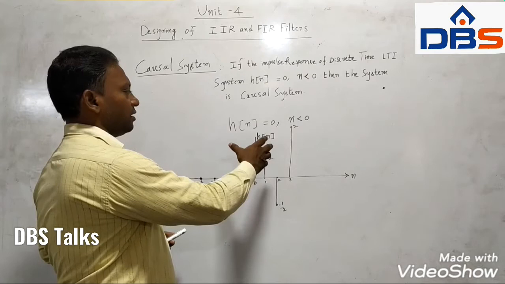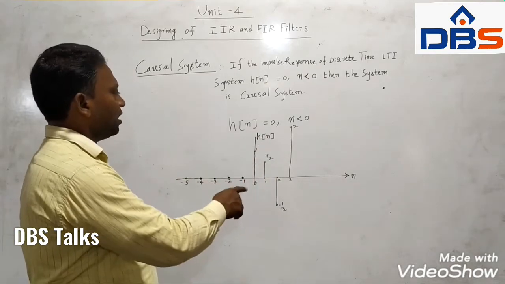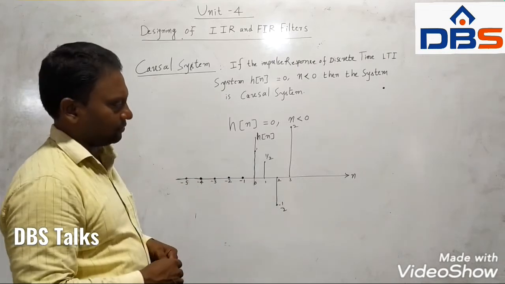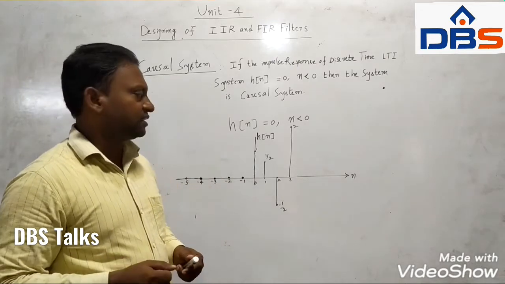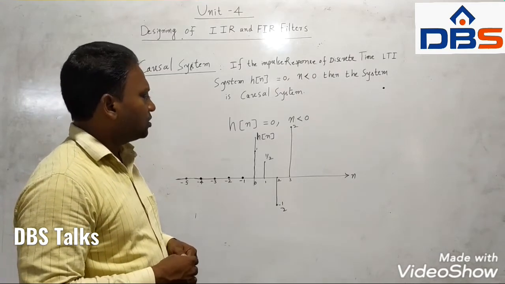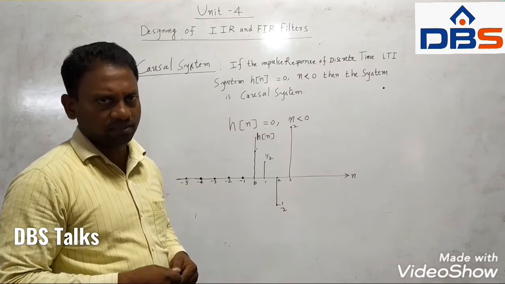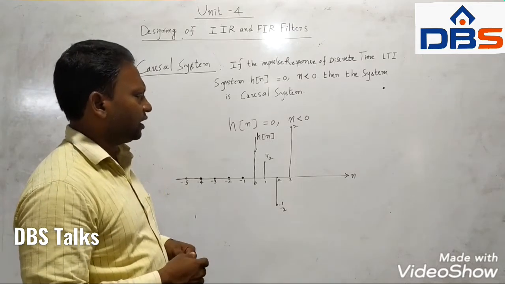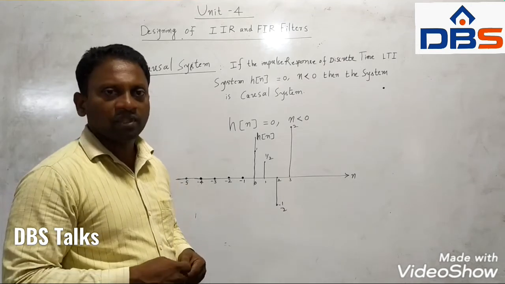Such systems are practically realizable, and they are called causal systems. If the impulse response of the system is 0 for n less than 0, then we say that it is a causal system. Therefore, whatever filters we are going to see, they are causal filters. We will see different FIR and IIR filters, and we are going to design them as causal filters.